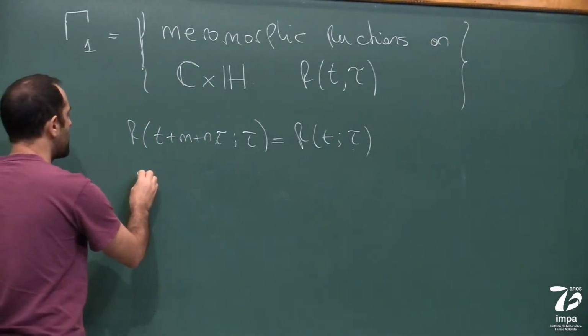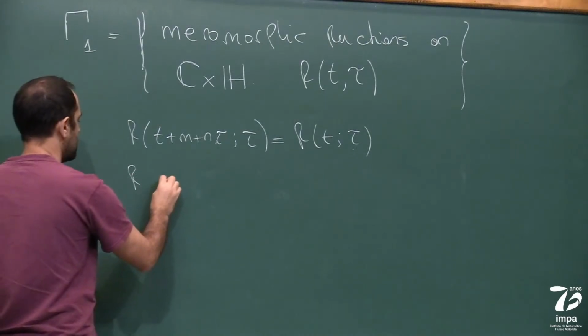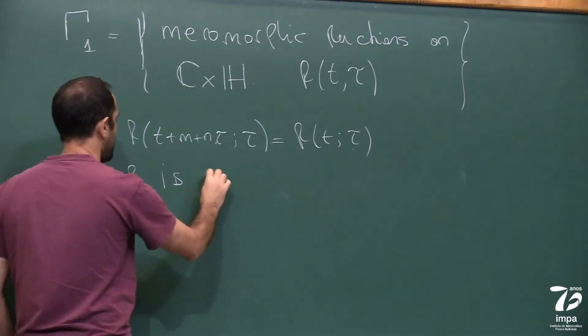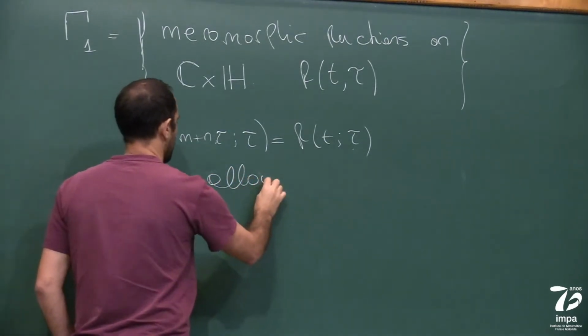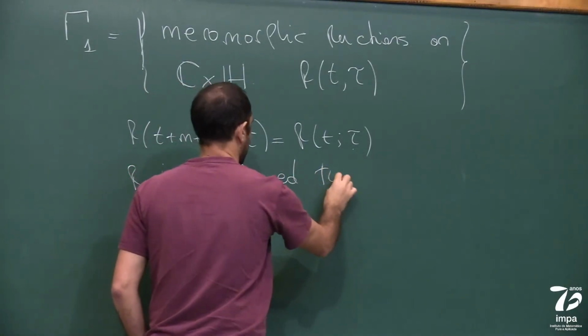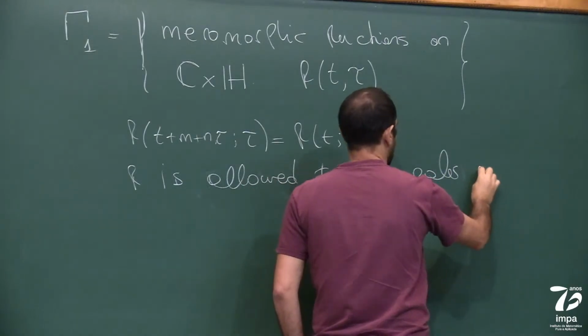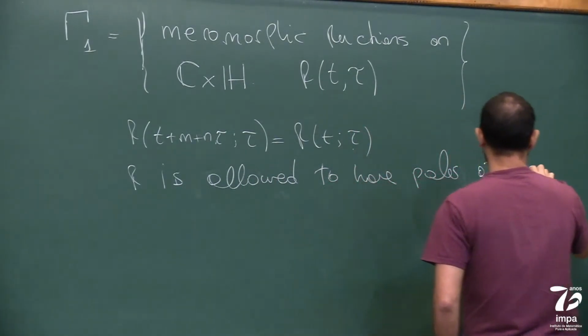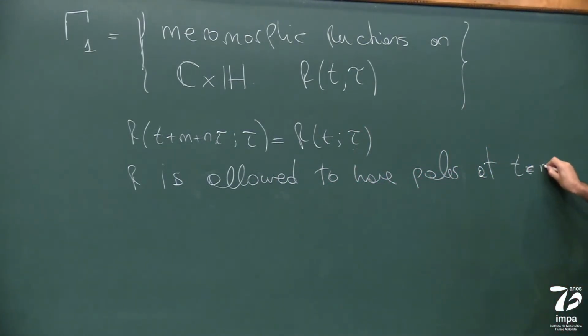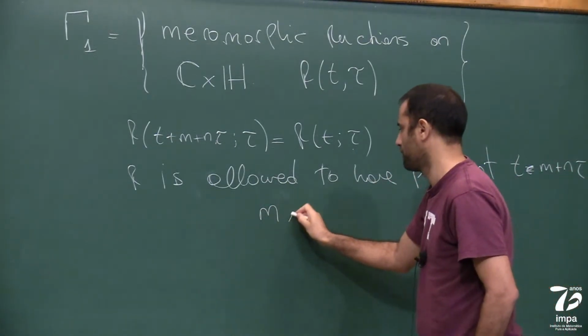But I'm also going to allow them to have poles. So f is allowed to have poles at t in the lattice, where m and n are integers.